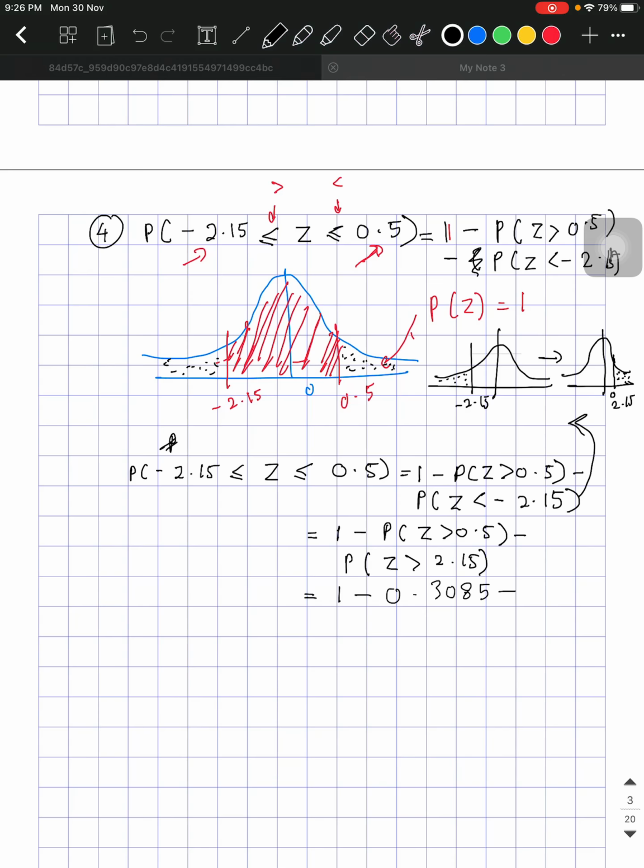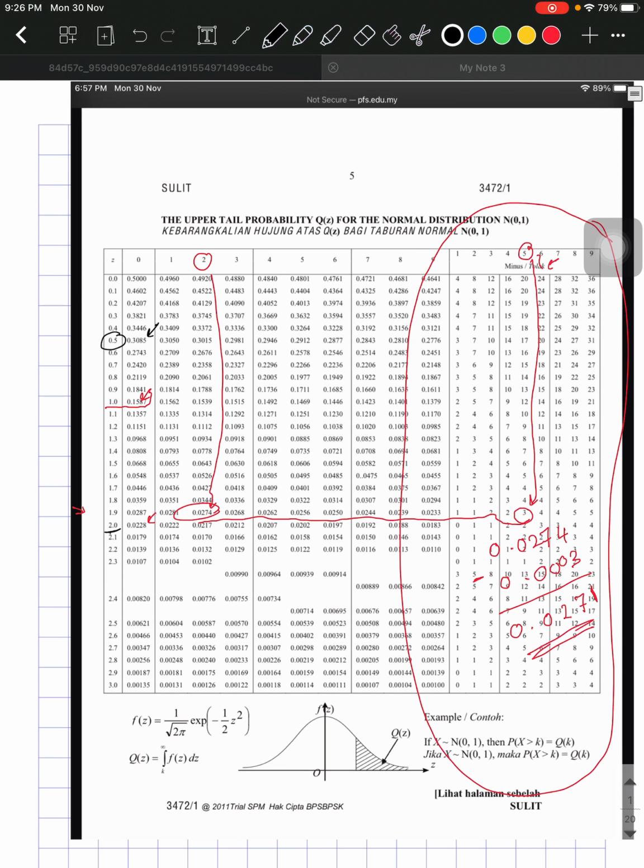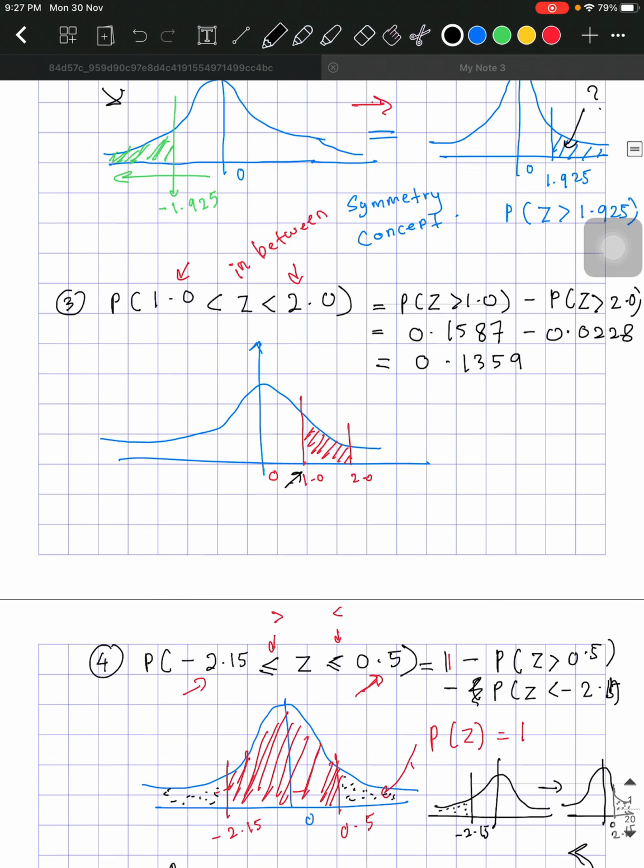0.3085 minus 2.15. 2.1 is here and 5 is here. Okay, so the answer is 0.0158.